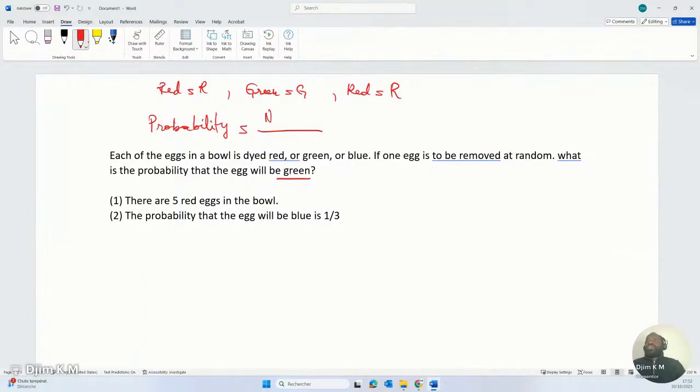the total number of green over the total number of eggs. That would be red plus green plus blue. Okay.